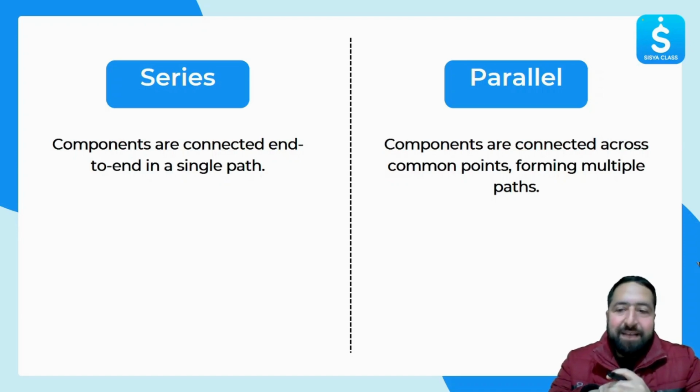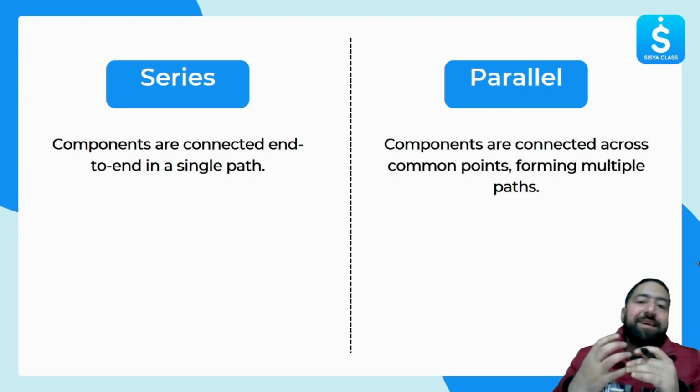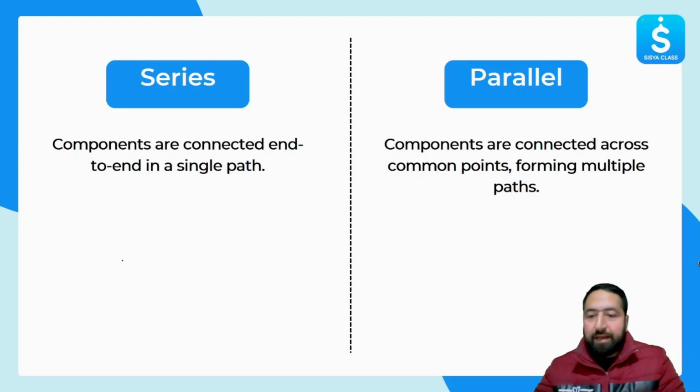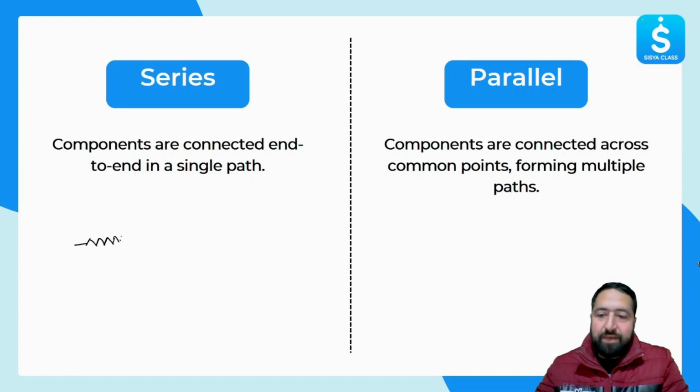Difference number one says that the components in the series connection are connected end to end. As I already said in the previous class, here components are connected end to end. Components can be anything: a cell, a resistor, or capacitors.